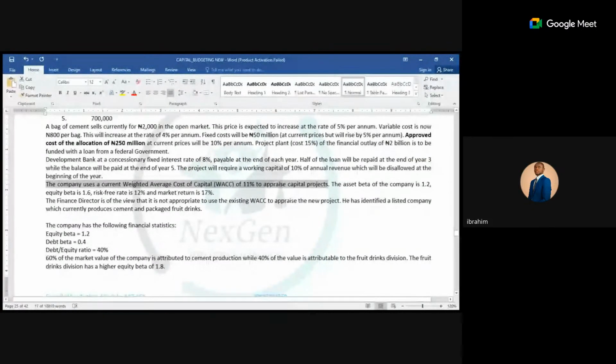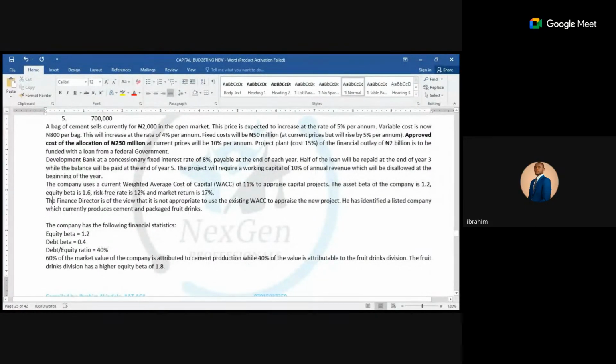Now, the asset beta of the main company is 1.2, the equity beta is 1.6, the risk-free rate is 12%, and the market return is 17%.